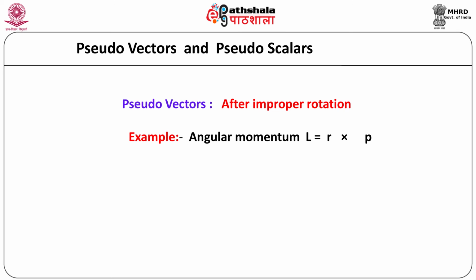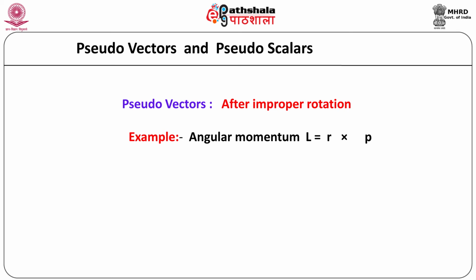Reflection is one of the familiar examples of improper rotation. Note what happens to the sign of the given vector when all the vectors giving rise to that vector quantity are replaced by their mirror images. If the magnitude remains same but the sign changes, then that vector quantity is called a pseudo vector.